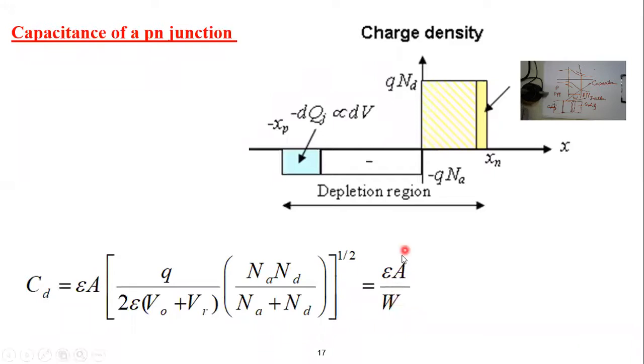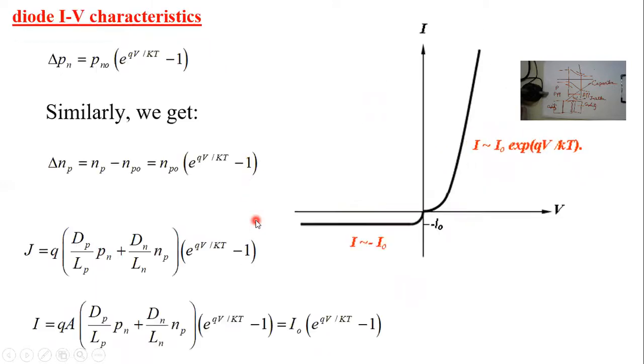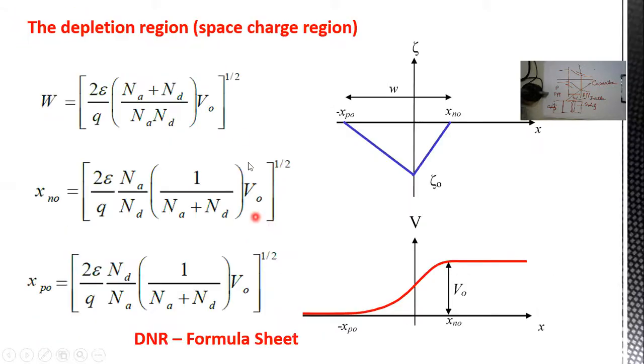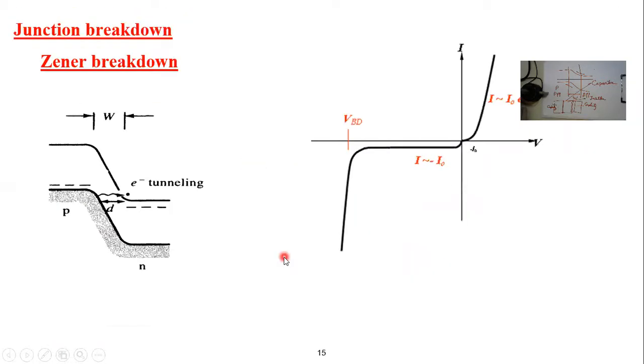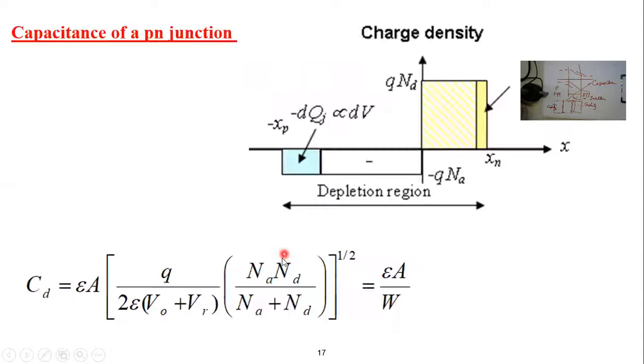So epsilon is the permittivity of the material, equal to epsilon naught times epsilon R, where epsilon R is the relative permittivity. A is the area and W is the width. We already, my dear students, have an equation for W, as you can see. But what I did here is just replace this V naught by V naught plus VR. That's all. So this is simply what we did in our equation.